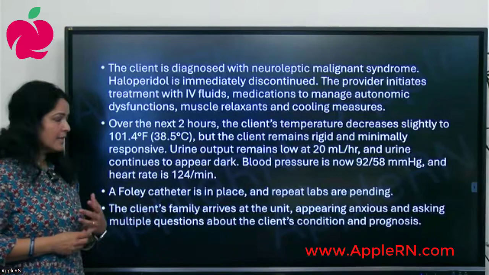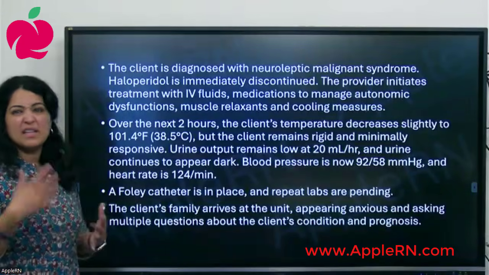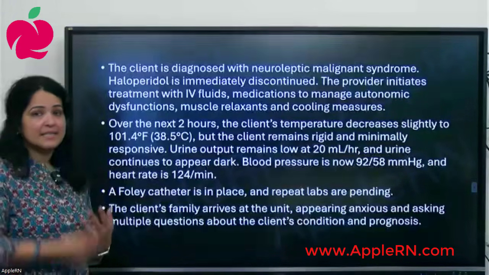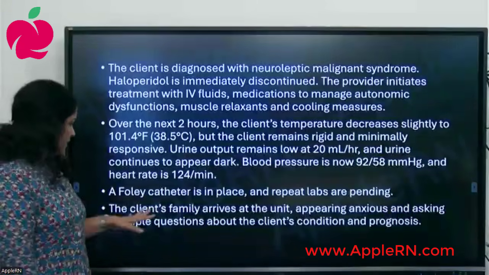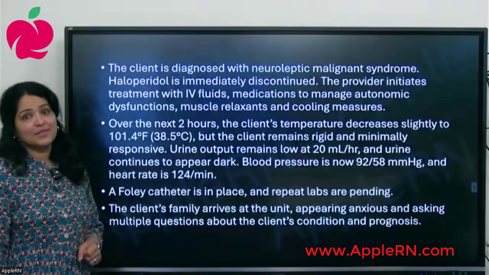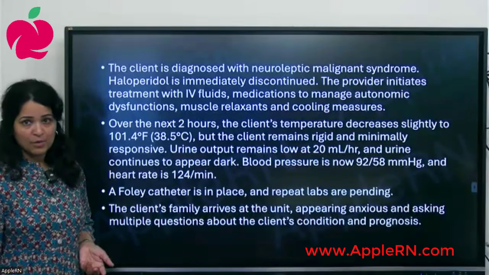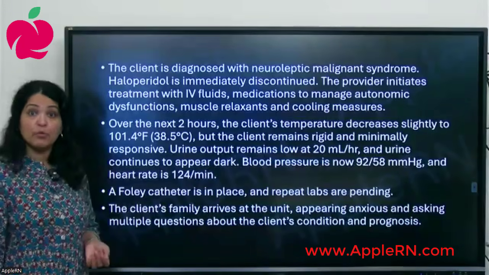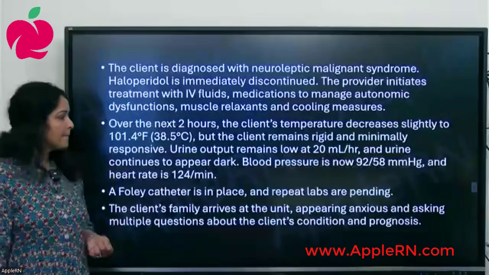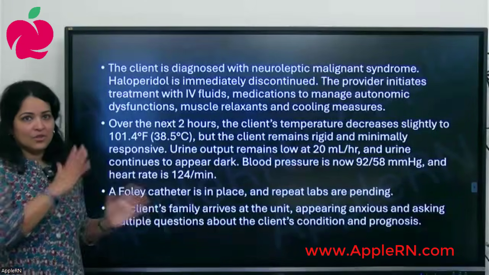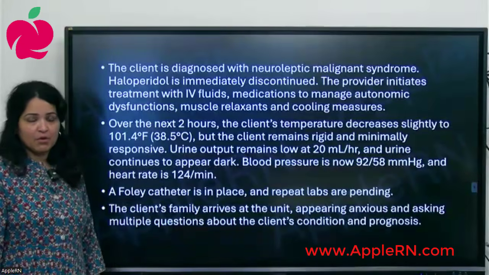A Foley catheter is in place, and repeat labs are pending. So maybe they need to know how the CK is, how the kidney functions are. The client's family arrives in the unit. They're anxious, asking multiple questions. Of course, they will be worried about the client's condition and prognosis. So things change, right? This is after 2 hours we are talking about.